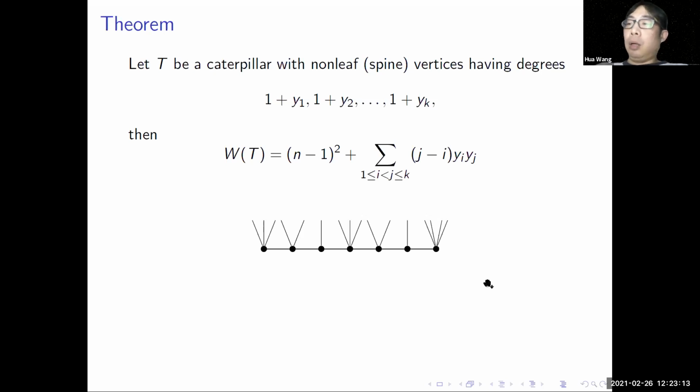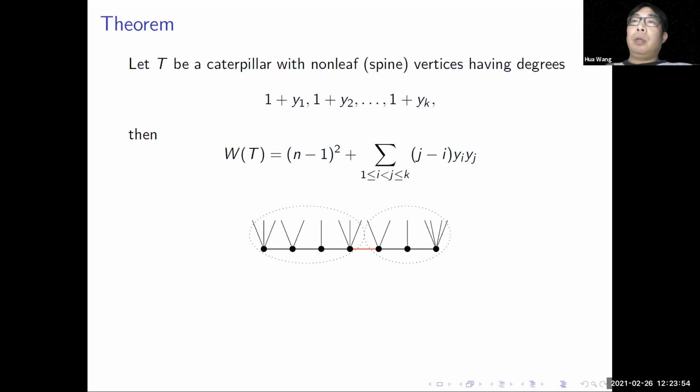But one can get a formula for it, which is this, where yi and yj are just the degrees minus 1 for technical reasons. The explanation is again very intuitive. If you look at every edge and think about how many times this edge can be used as part of a path, it's just the number of ways to pick an end vertex here and an end vertex here. In other words, the number of vertices here times the number of vertices there, because a path has one end here and one there, right?